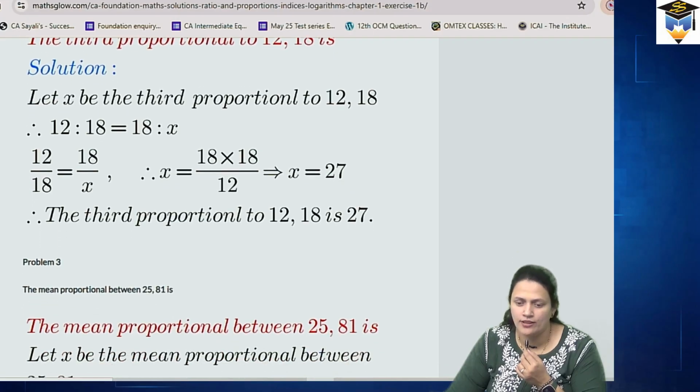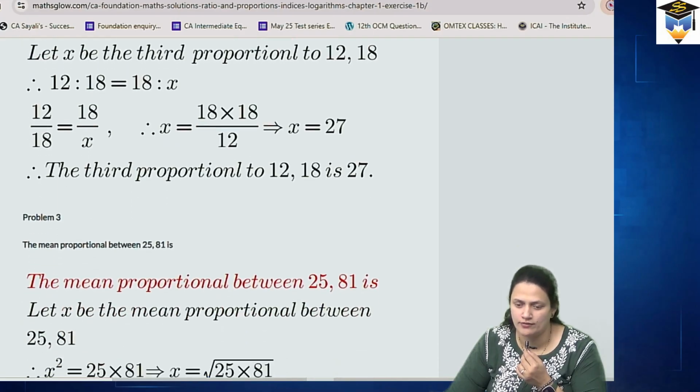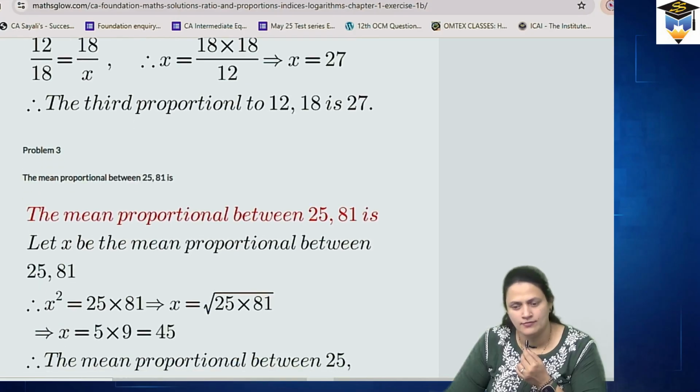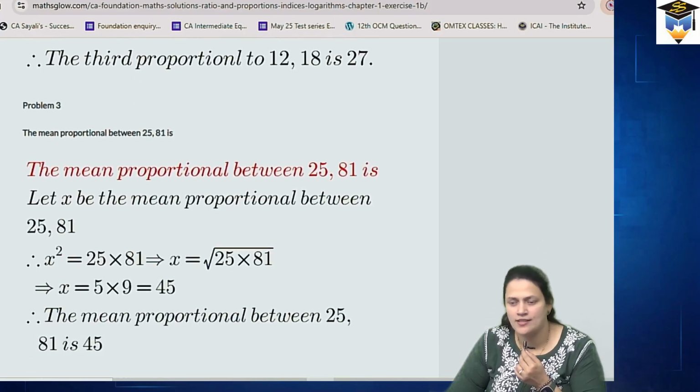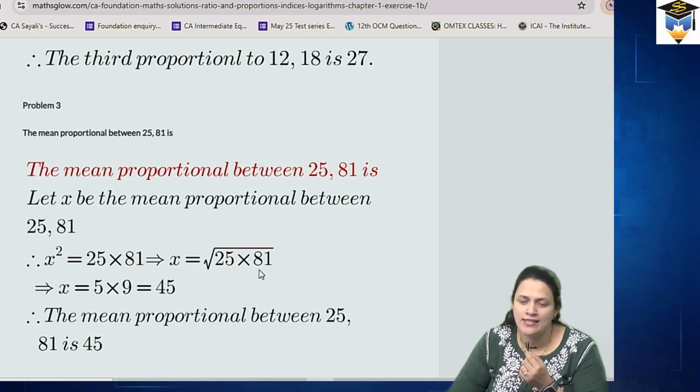Now the third one, Limaye is going to tell us the third one. Answer is 45, ऑप्शन सी. अच्छा, तुमच्याकडे नाही आहे का समोर? Okay, so we know that since there are 3 numbers, mean proportional will be this number 81.